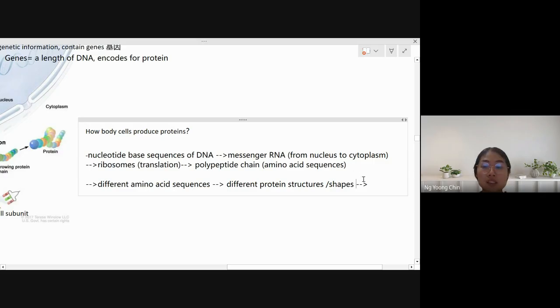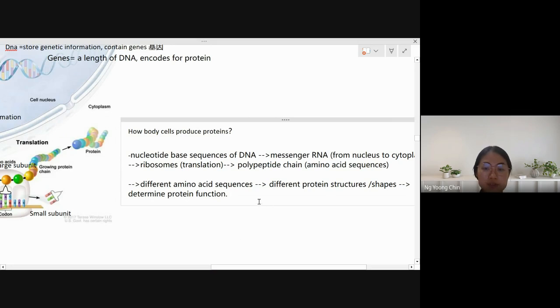Then the protein structure or shape will determine the protein function. So this is the story about proteins. Okay, I hope you understand this.